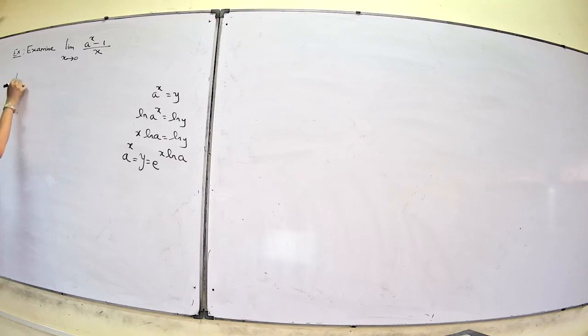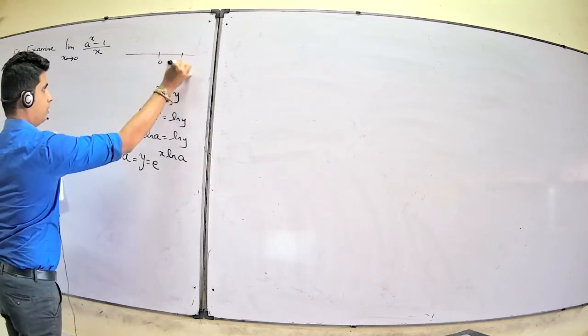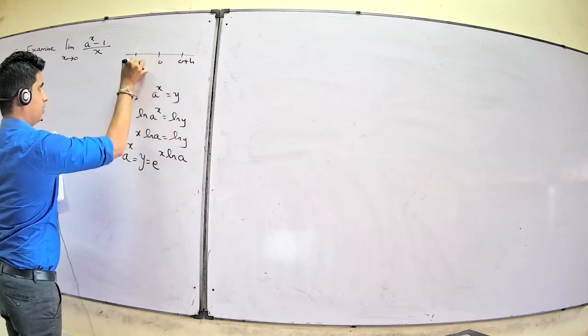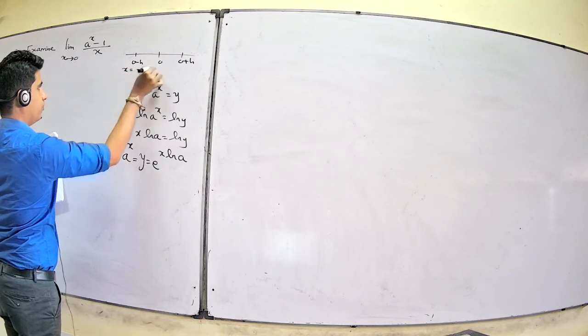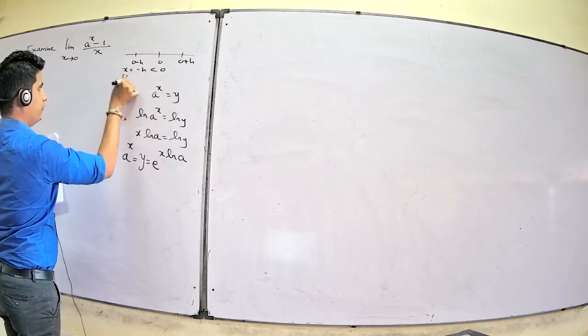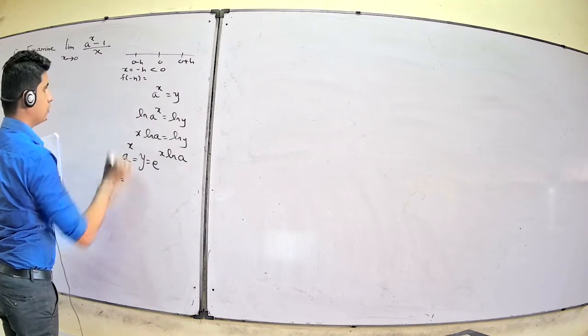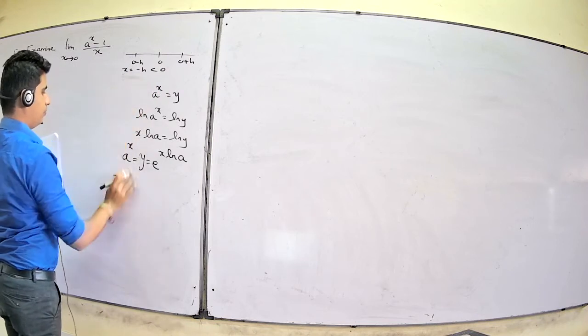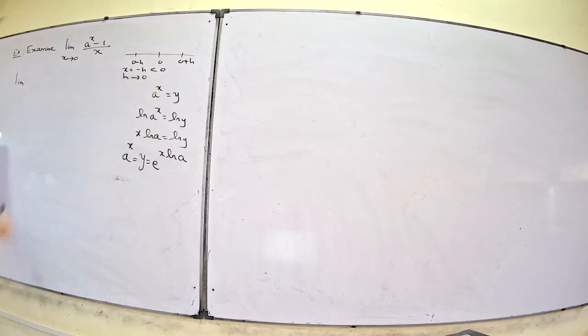Limit of... here also, h tends to 0 means you take the limit at 0, 0 plus h, 0 minus h. For the left limit, you put x equal to minus h because it is less than 0. Then f of minus h, you can find it. Here h tends to 0, therefore x tends to 0 minus.